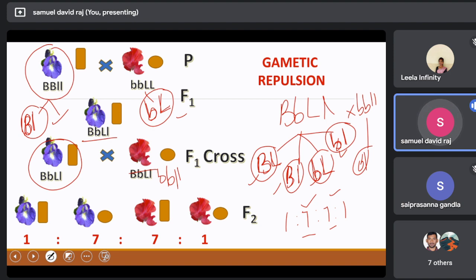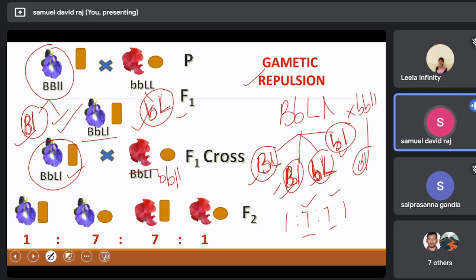Even in the heterozygote, during the formation of gametes, the same combination of the parents is followed. Capital B, small l is produced more in number, small b, capital L is produced more in number. This phenomenon they called repulsion.